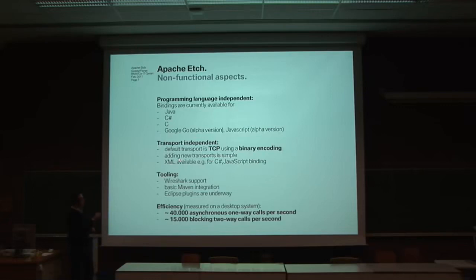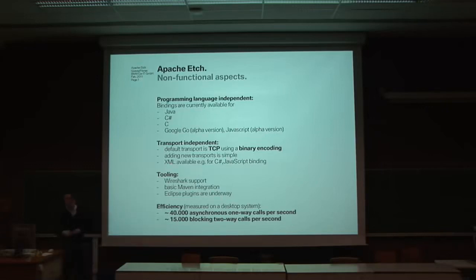It is also independent from the concrete transport format. So what we do by default is encoding our data, our function calls on the wire using a binary encoding, which makes it small, which makes it efficient, which gives you good performance numbers, but you could have a different use case which requires you to use XML.